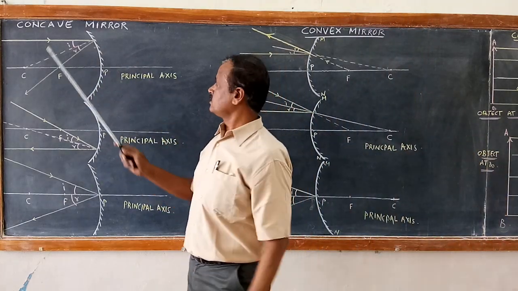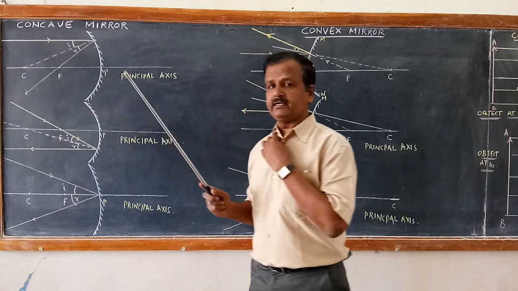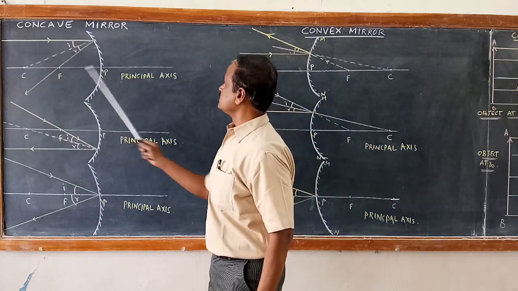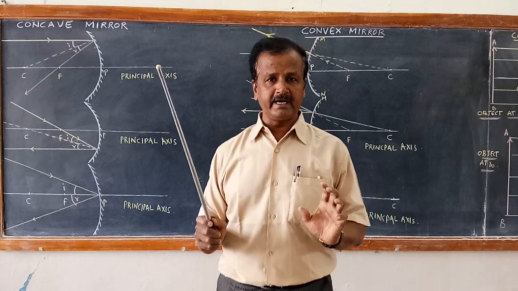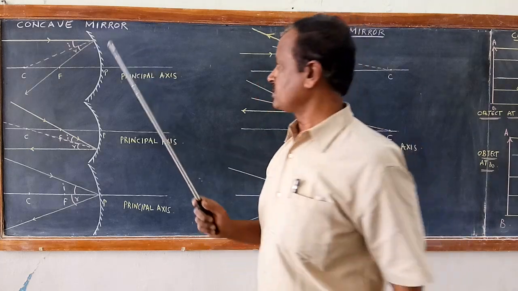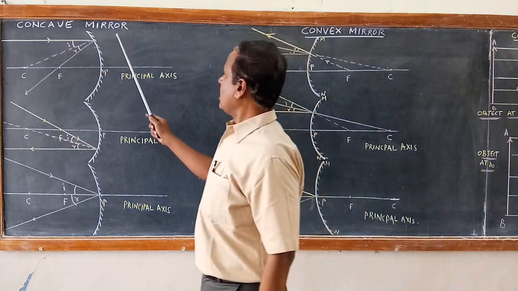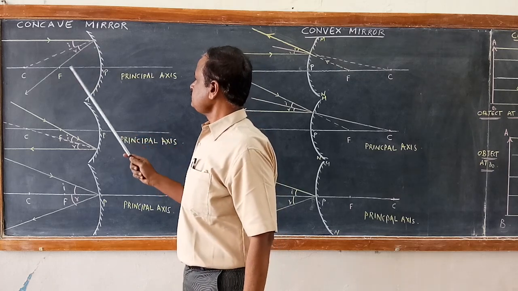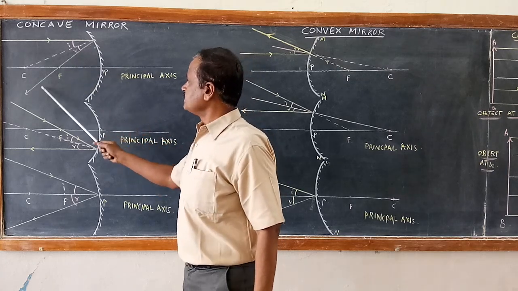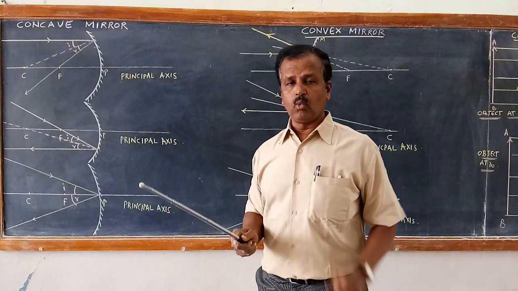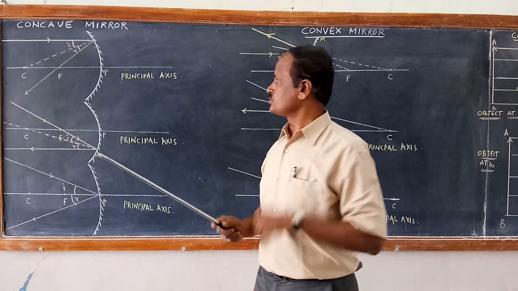Now, first case: if a ray of light is incident parallel to the principal axis, then after reflection it passes through the focus. Why does it pass through the focus? That is the question.